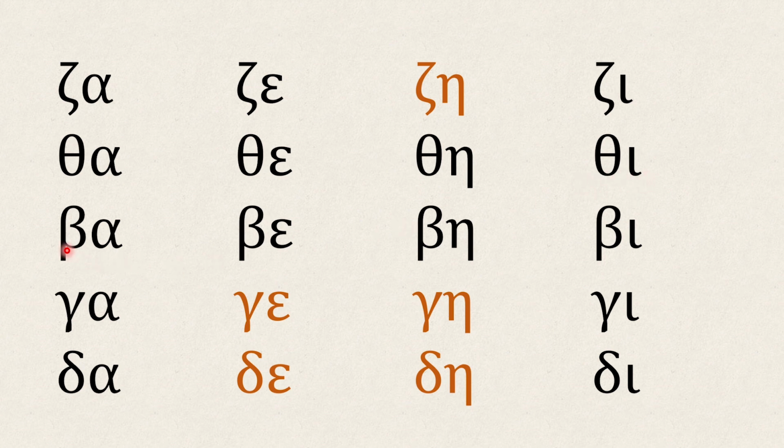Now the old consonants, v, a, va, va, va. V, e, ve, ve, ve.